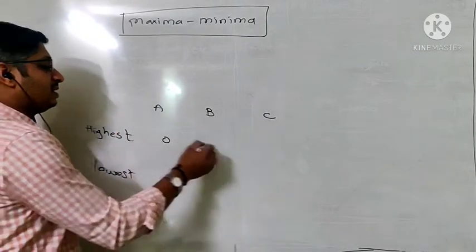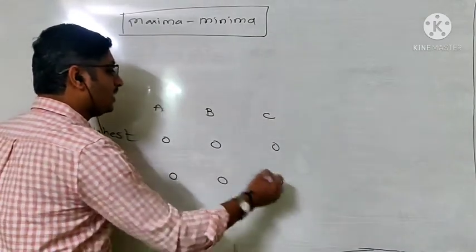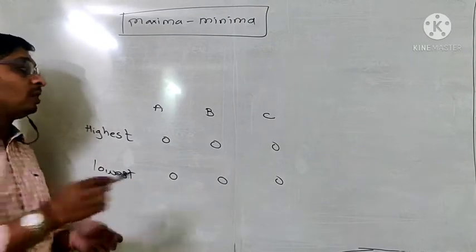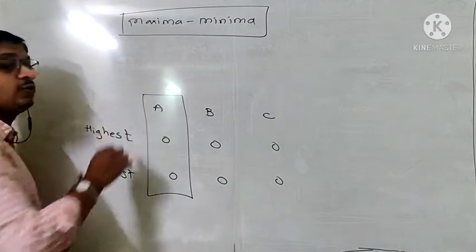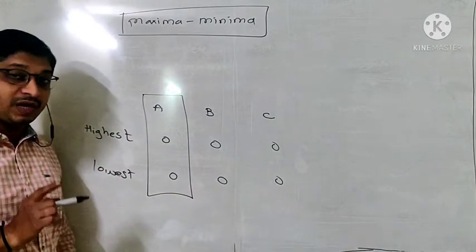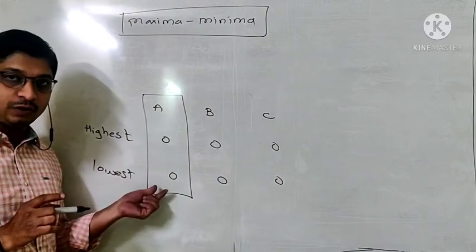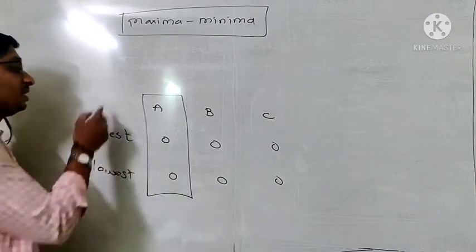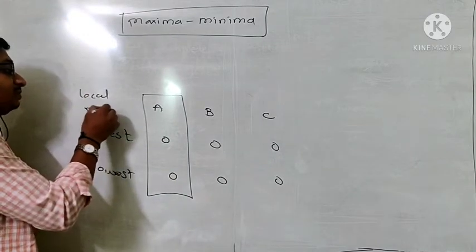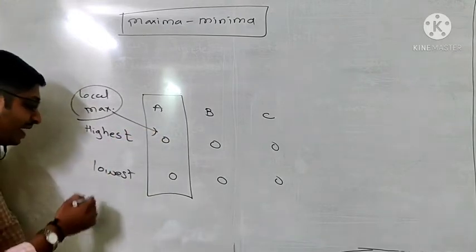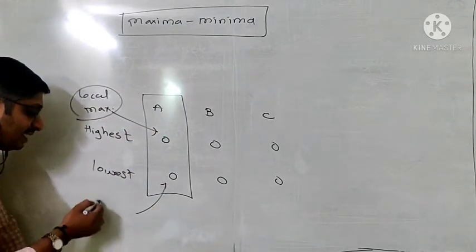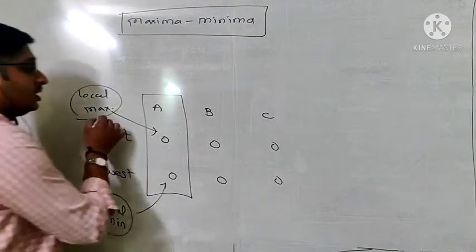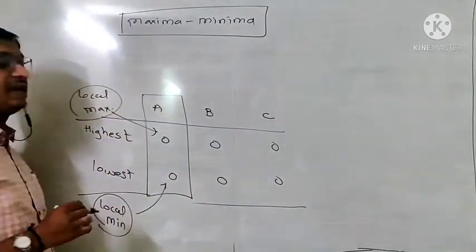From each individual section's point of view, whoever has got the highest marks will be referred to as the local maxima, and whoever has secured the lowest marks in that exam will be known as the local minimum. So these will be referred to as local maxima and local minimum.